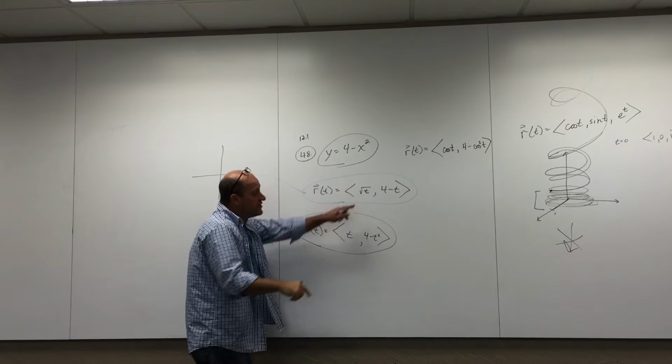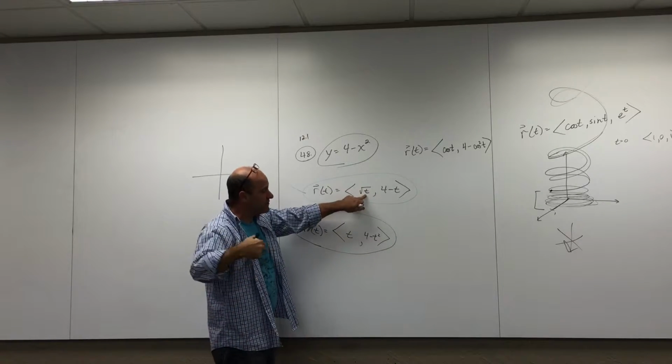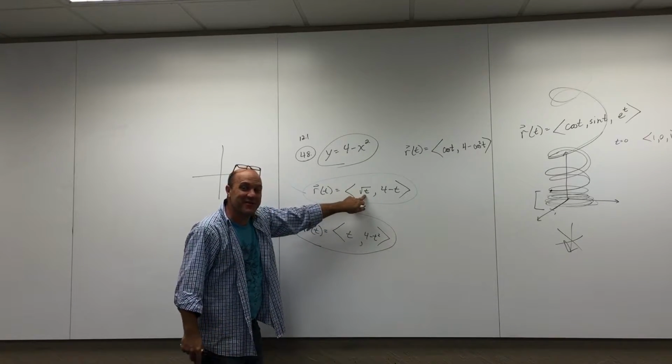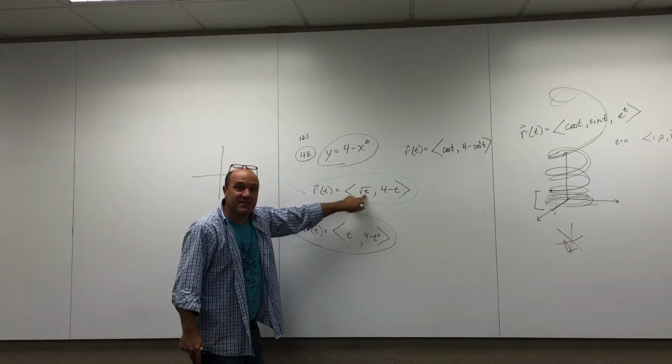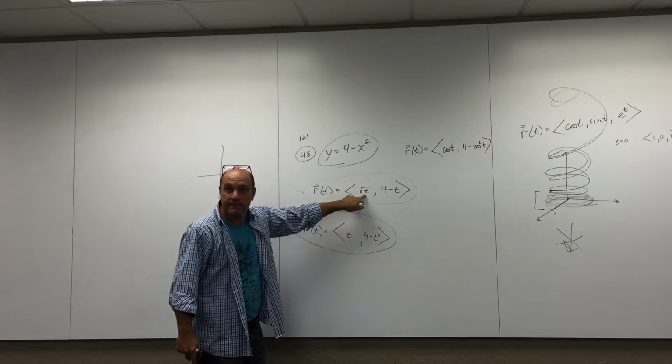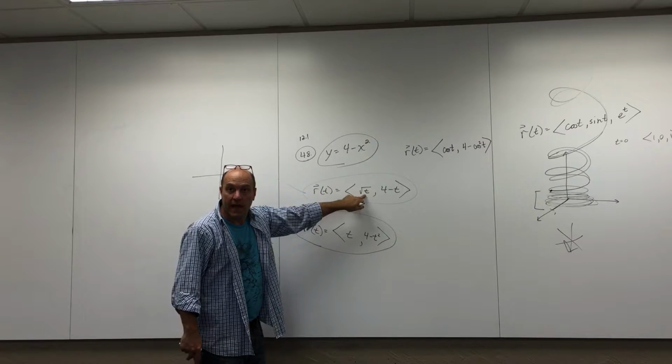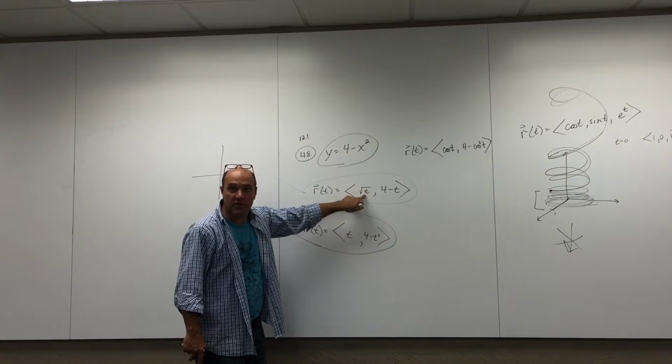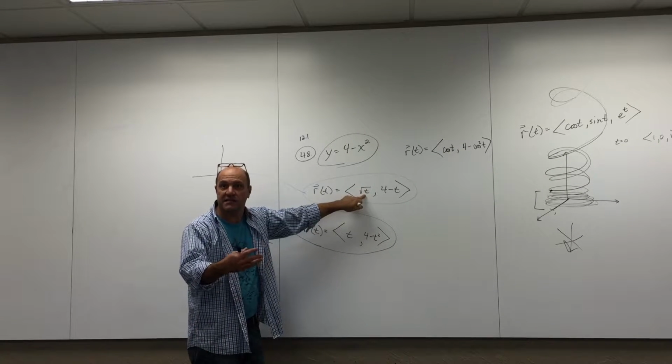Because you decided to use a square root, I know it wasn't you, it was me. Because I decided to use a square root, I got some issues. I can't have negative t's. And I can't input any negative t values. So I have to start with 0, and then I have to plot positive t values.